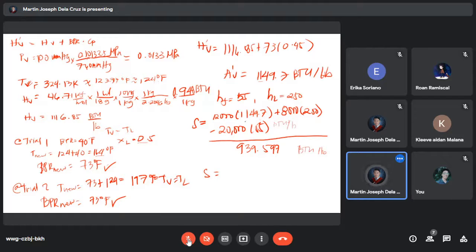Tapos, ito is pound per hour. Right? So, dapat ang makuha natin is BTU per hour. Okay? Pound per hour pa. Kasi cancel, cancel. So, makuha si pound per hour. So, what is our S class? Please calculate.